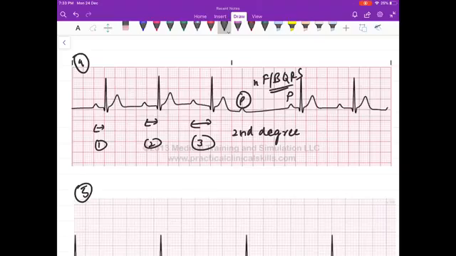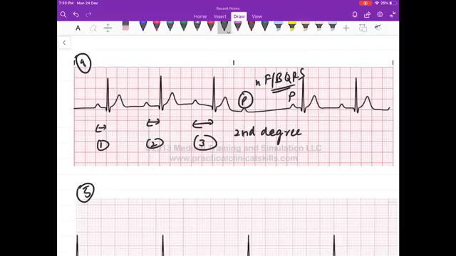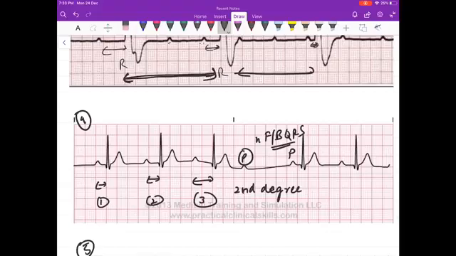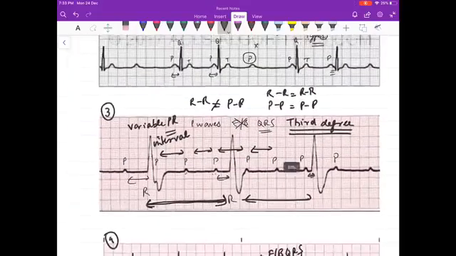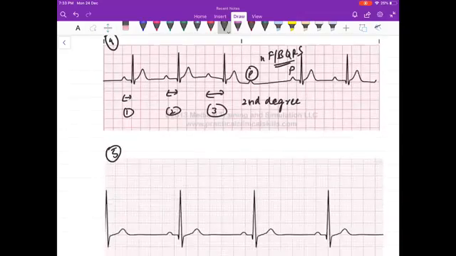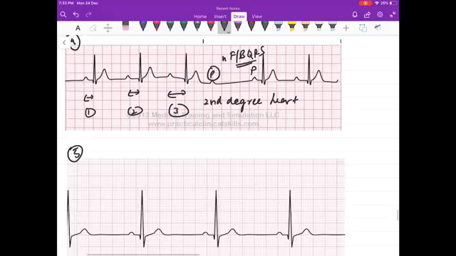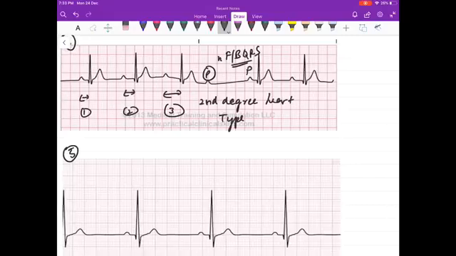Friends, first you will see whether the P wave is followed by QRS or not. If the PR interval is prolonged and every P wave is followed by QRS, then it is first degree. Then you see whether there are any dropped waves or not. If there are any dropped waves, every P is not followed by QRS, and then you have to decide between type 1 and type 2.